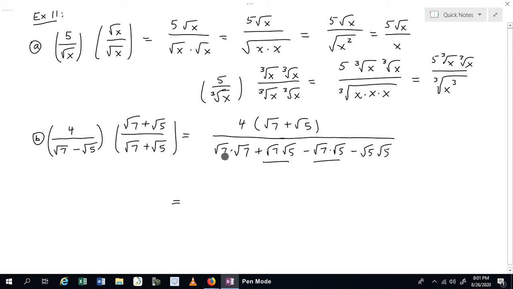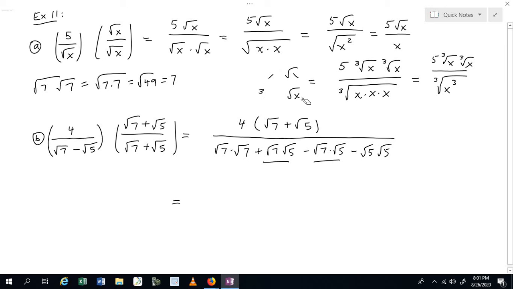And then the square root of 7 times the square root of 7 is the square root of 7 times 7, which is the square root of 49, and that's simply 7. Which is nice because this no longer has a radical in it after we multiply these together.